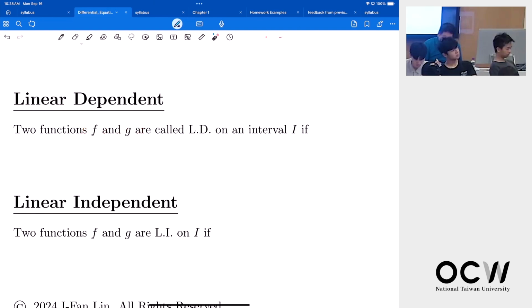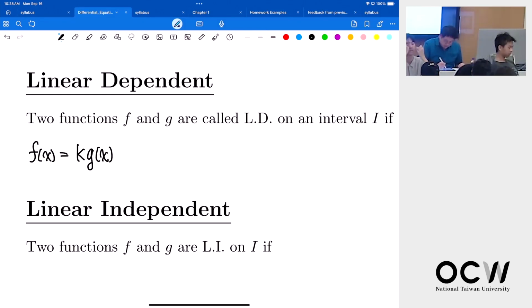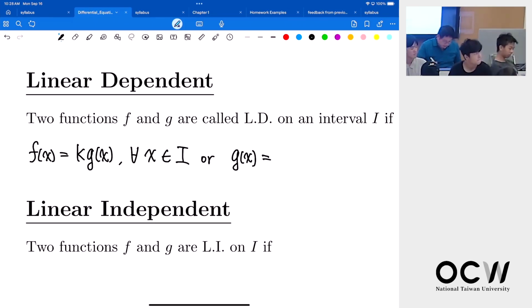We call them linear dependent if the function f of x is a multiple of function g for all the x in that open interval I. Or the other way around, the function g of x is a multiple of function f of x.